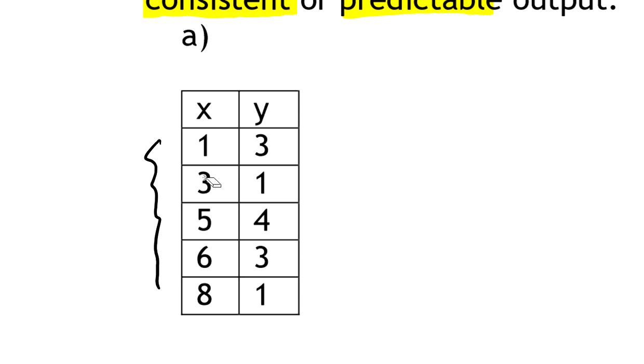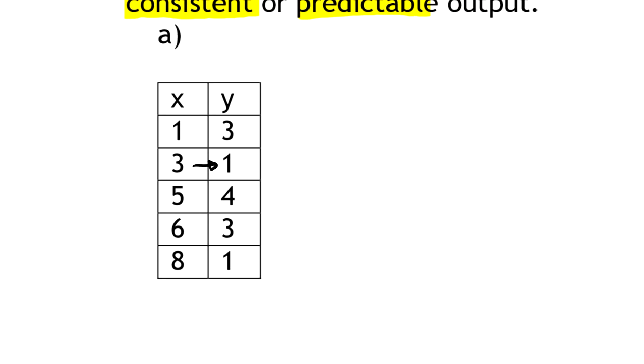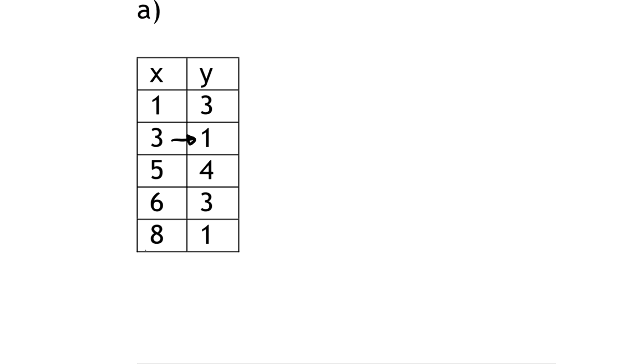When I place 3 into this function, it's consistently and predictably producing the value of 1. 5 is always producing 4, and 5 is never producing another value. 6 is always consistently and predictably producing 3, and 8 is consistently and predictably producing 1. Now, if I was to modify that, this is not the problem, but if I was to say, for example, oh, here's 3, and let's say that it produces a 7.